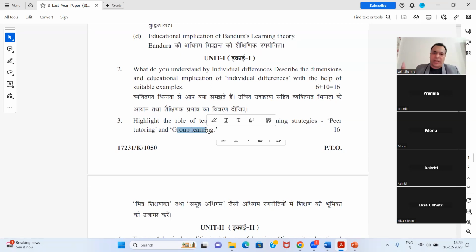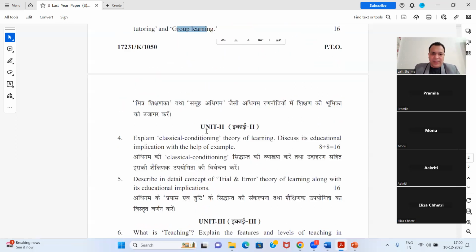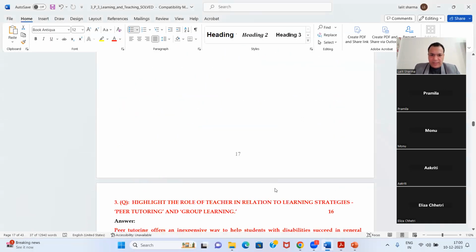And in group learning, all the students make a group and solve the problem jointly, together. This is group learning. In peer tutoring, one becomes a teacher and has to make the other student understand. So these are all learning strategies, guys, you should be aware of them. These are very simple, right? So you can see that.